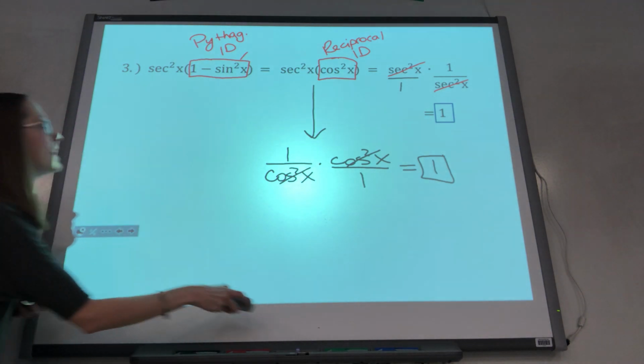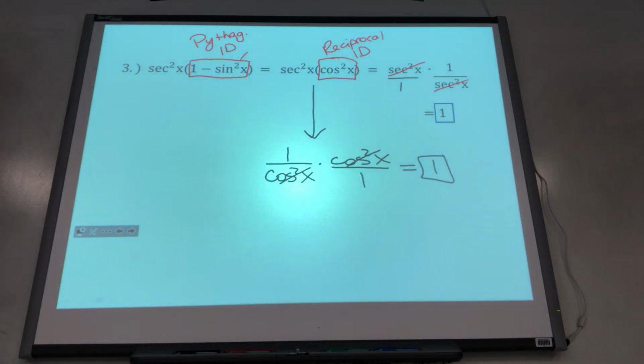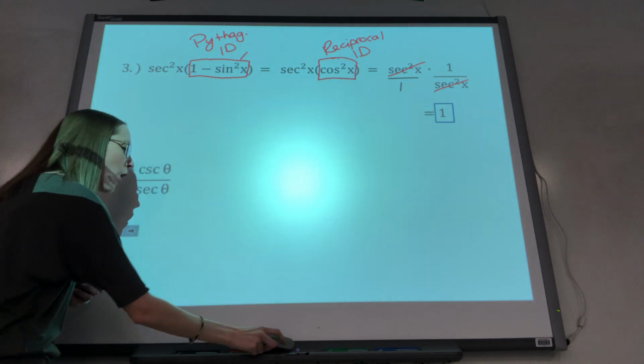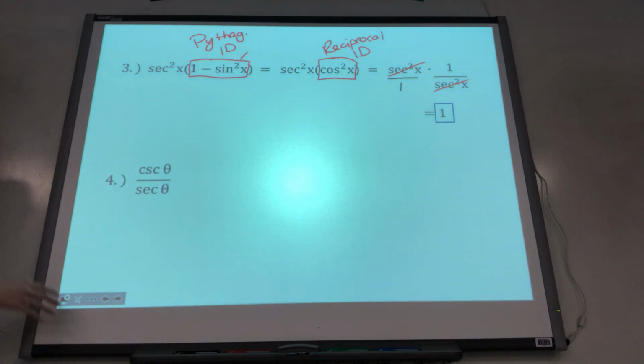Okie doke. Any questions on number 3? It's one of those days where I show you a bunch of stuff and then we hope that it sinks in, so when you get to the homework later, you're able to get started. Now, for these problems, if you try something and it doesn't work, then just start over and try something different.